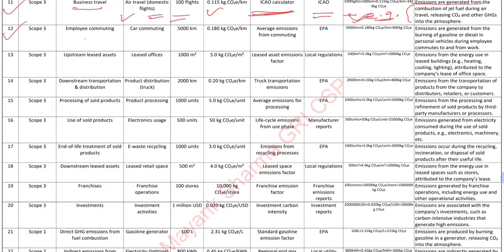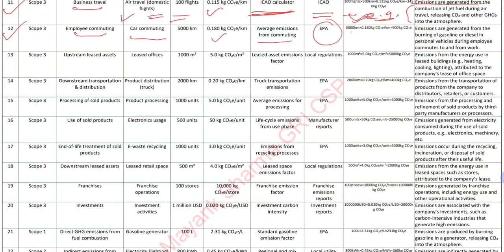Then scope 3 again for employee commuting, like using cars for going to work, car commuting. Let's say the total travel is 5,000 kilometers multiplied with the emission factor. This emission factor is based on the averaging of emissions from commuting, again taking the reference source EPA, Environmental Protection Agency.